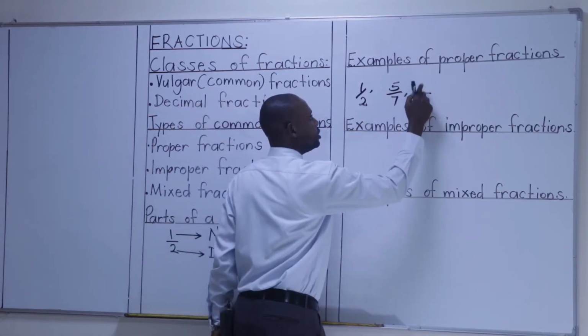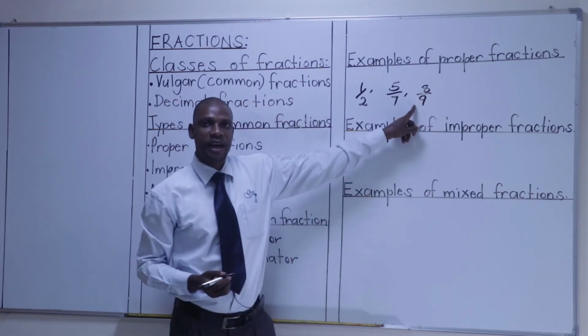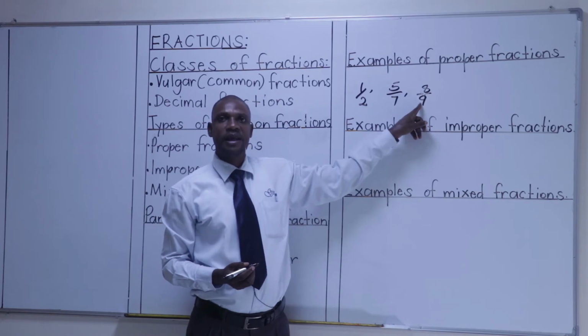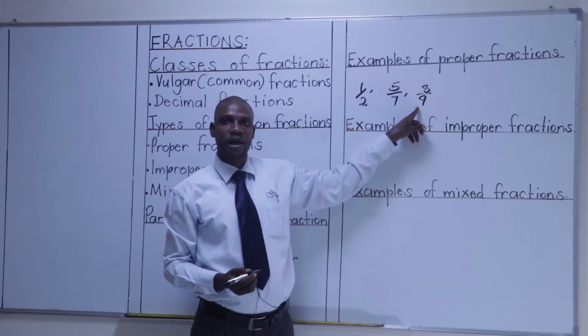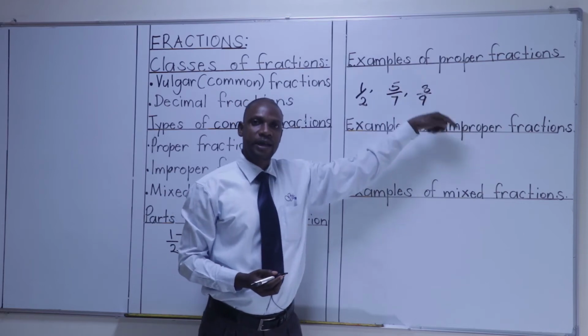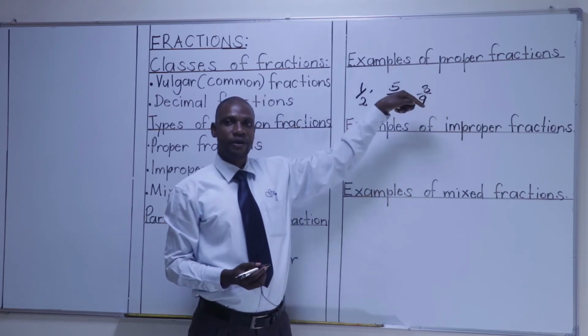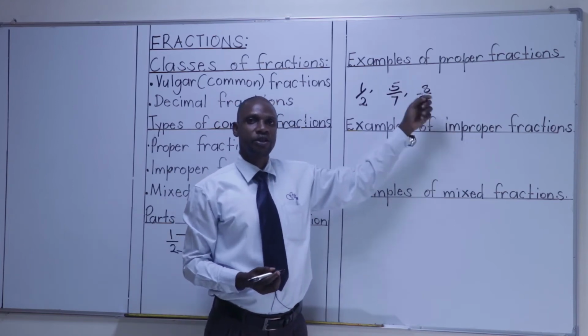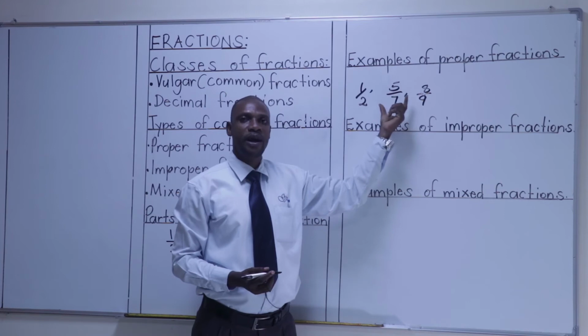Let's look at 8 out of 9. 8 is smaller than 9, and therefore it is a proper fraction. And so many others, as long as the upper number is smaller than the lower number. So that one qualifies to be a proper fraction. So these are the examples of proper fractions.